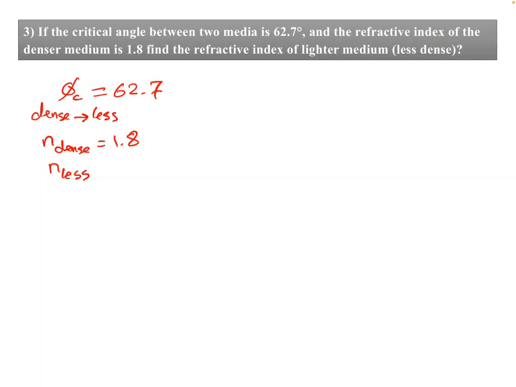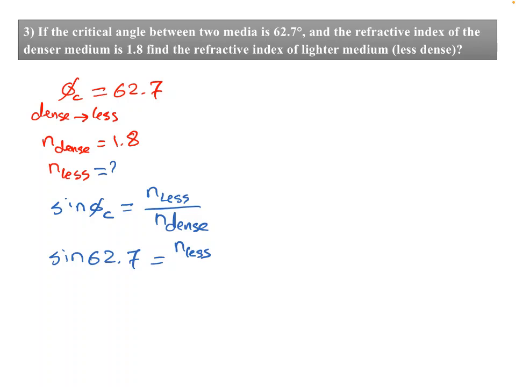Okay, sine phi c equals n less over n dense. Sine 62.7 equals n less, which is unknown, over n dense 1.8. n less will be sine 62.7 times 1.8, equals 1.599, by approximation 1.6.